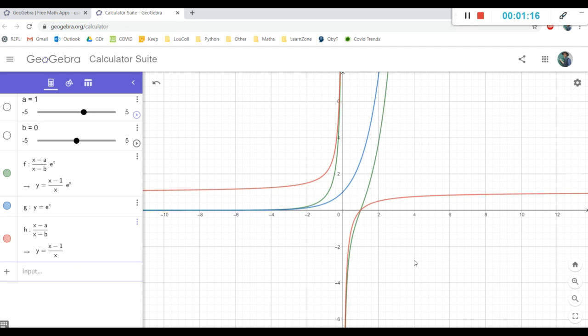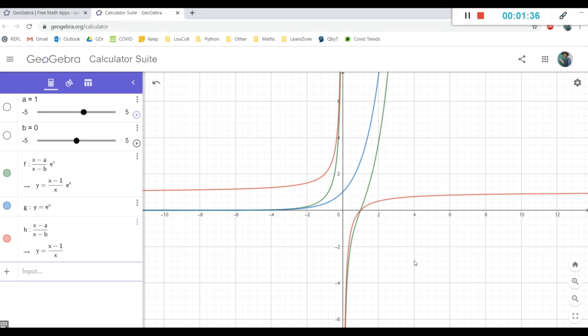The e to the x function is the deciding factor when x is very large or very low, high positive or high negative, but the reciprocal graph, (x minus 1) over x in this case, has the last word, if you like, when x is very close to the asymptote.